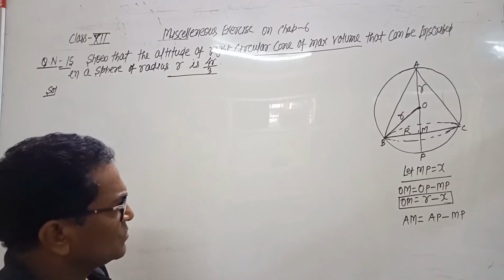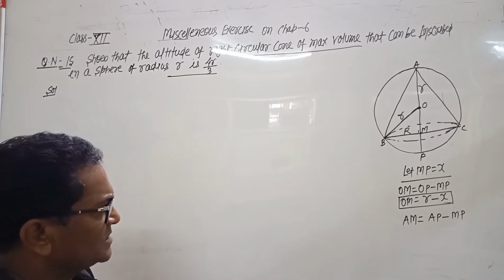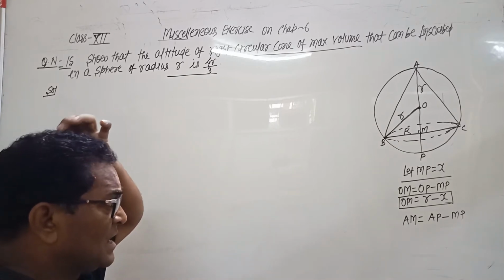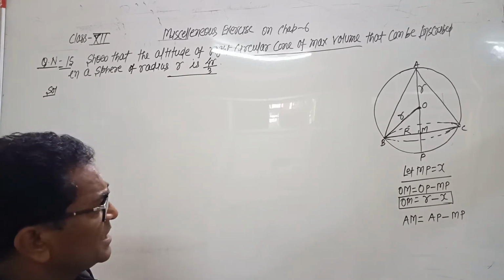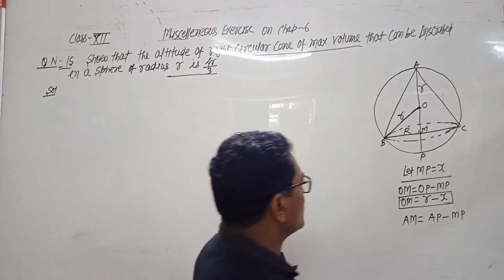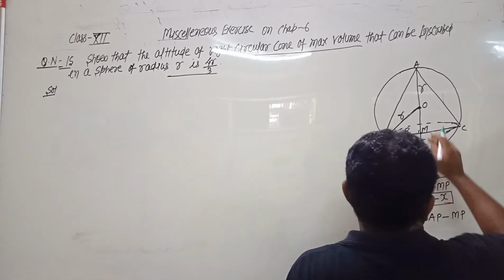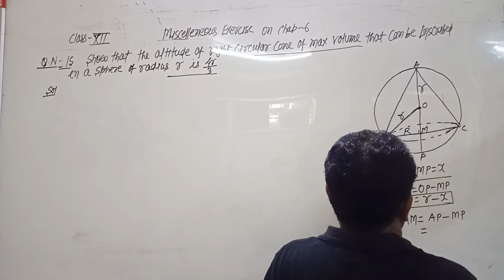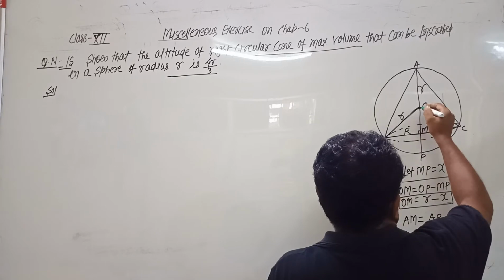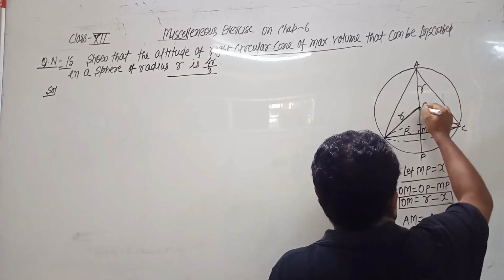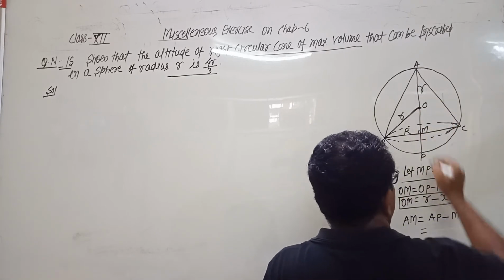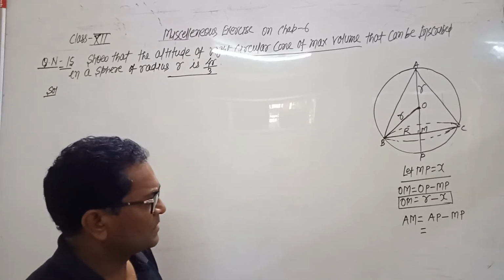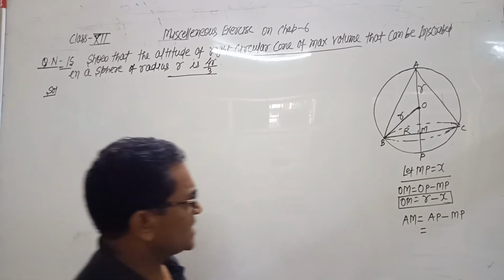The value of AP is R plus R, 2r, since AP is the diameter.